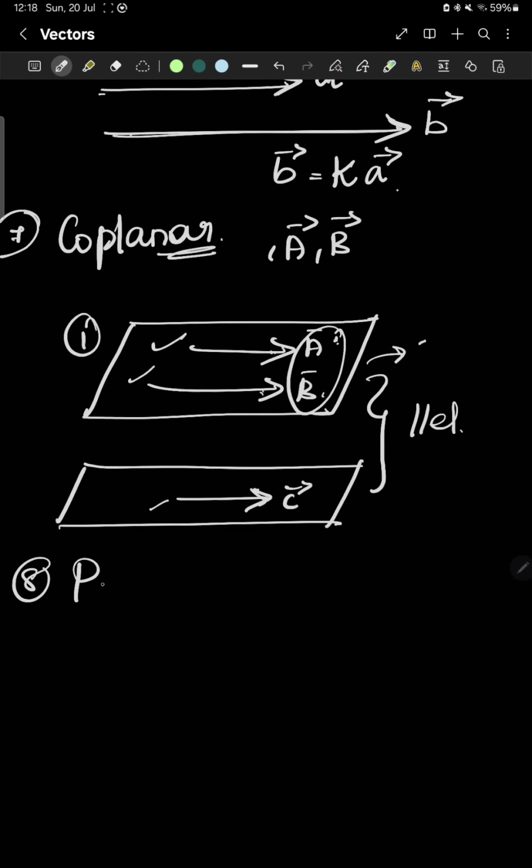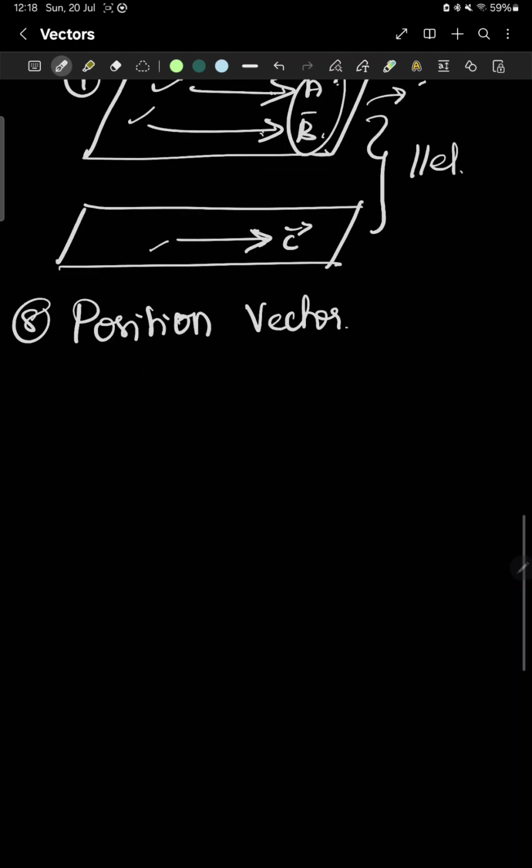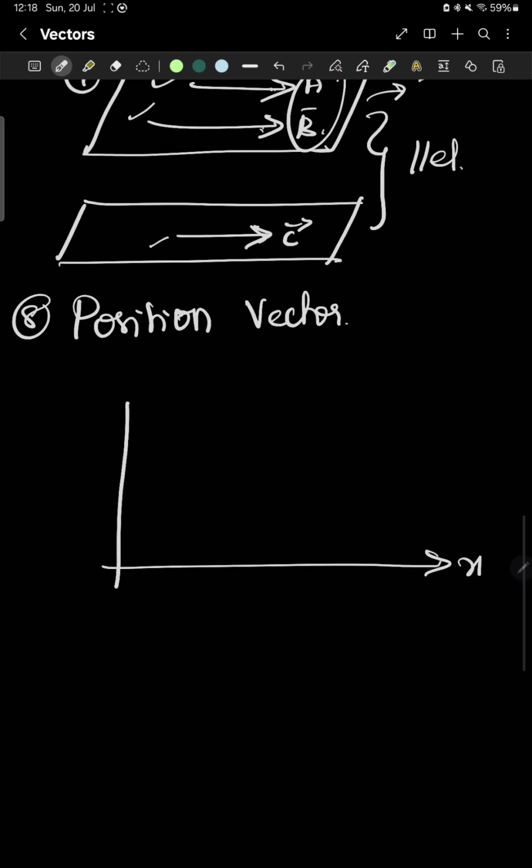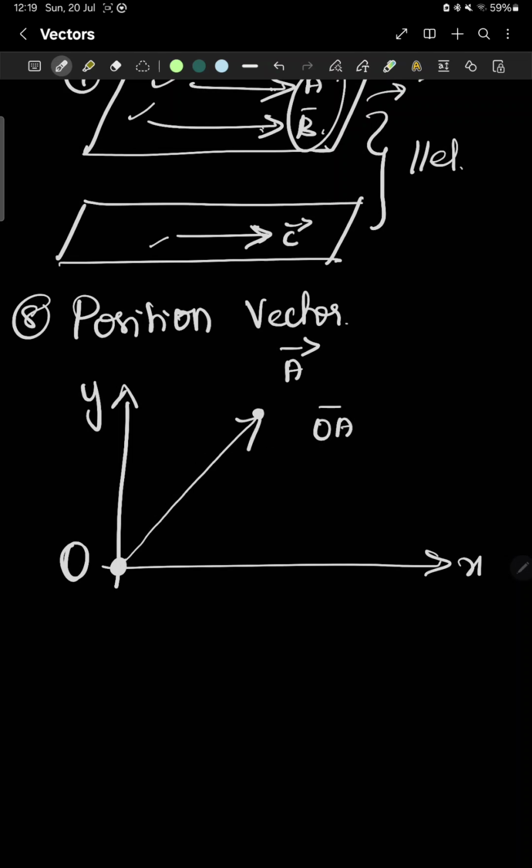And the eighth one, we will say that as a position vector. For example, let us consider that we are in a frame of reference. Consider it as x-axis and y-axis. We are considering this point O as the origin, and from here let us consider any point here. So I am considering a point A. From the fixed origin, any point in this frame of reference can be represented with a vector. That vector OA is known as the position vector of this particular point.